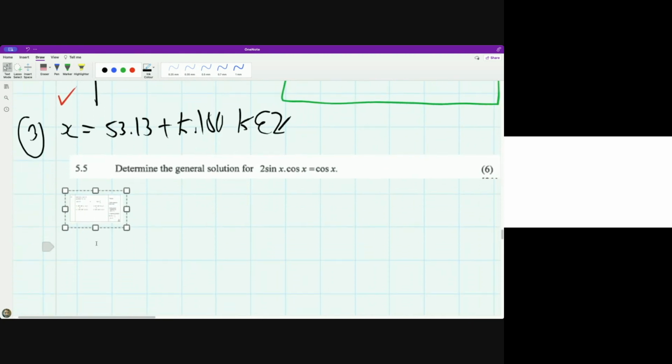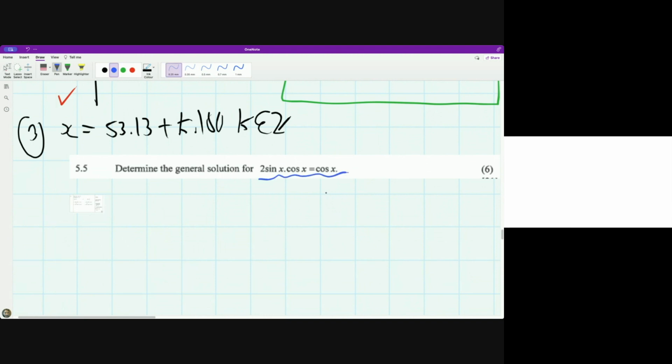What makes this one tricky? There's so many terms here.